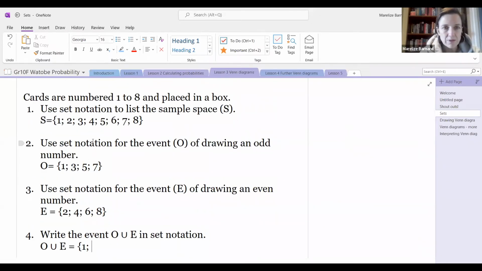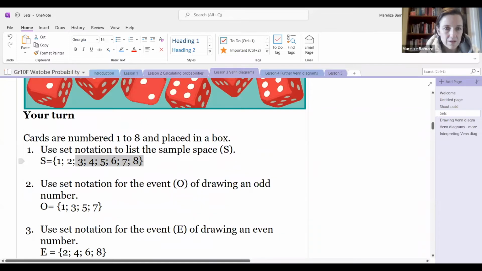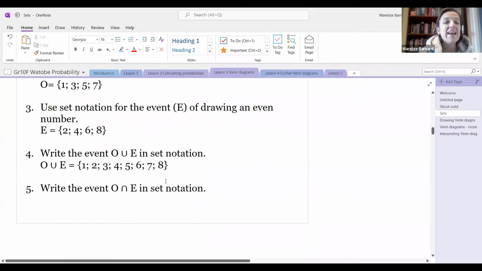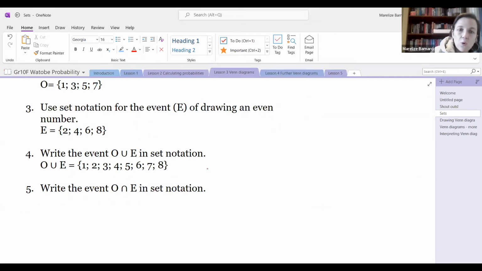I can actually copy this. Can be that. There we go. Okay. And then the last one, write the event O, and then there's intersection E in set notation. So what are we looking for now? We said that the previous question, we used odd or even.